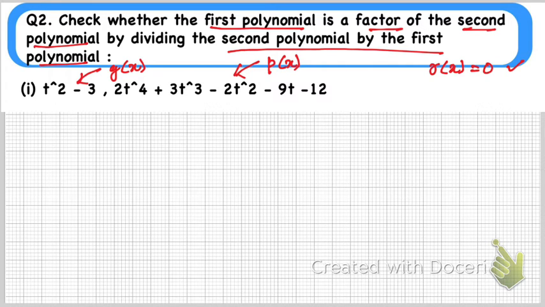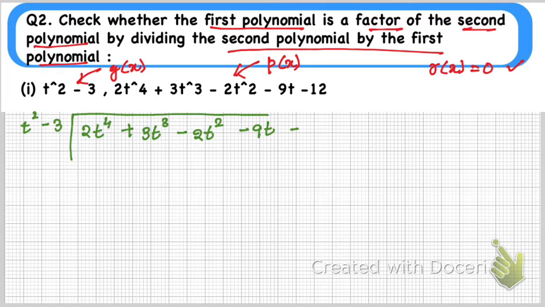Okay, so moving on to the division part, we will first write the g(x) part, that is t square minus 3, and here we will write the p(x) part, that is 2t to the power 4 plus 3t cube minus 2t square minus 9t minus 12.